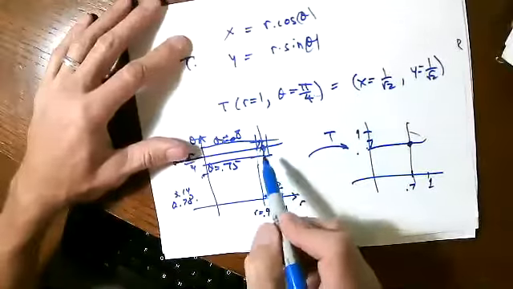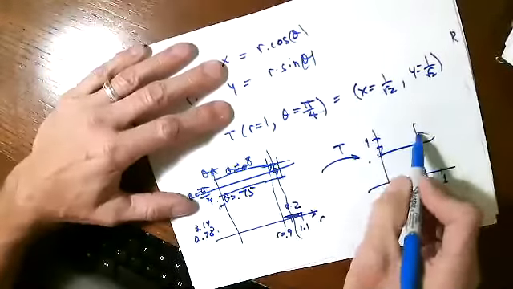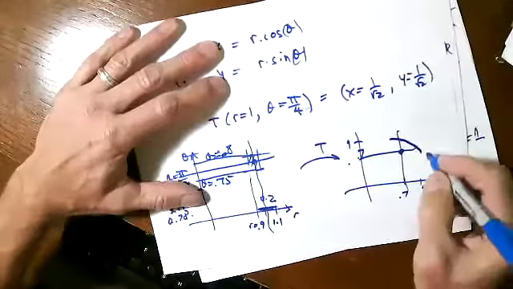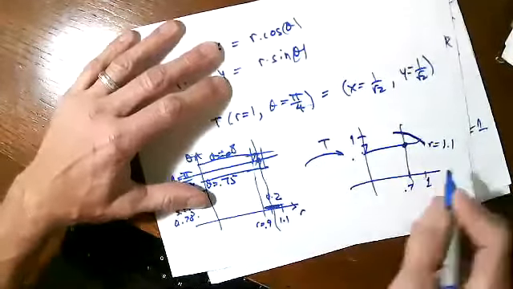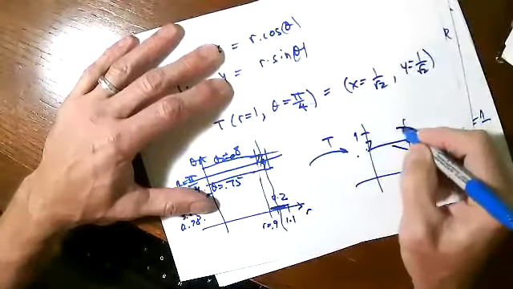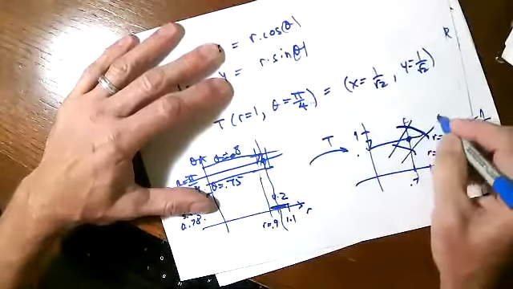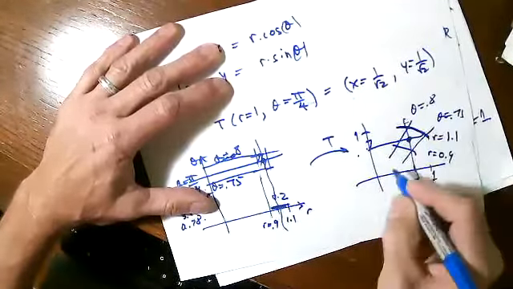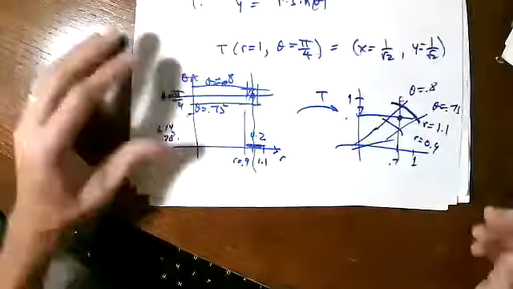You know, it's not a rectangle. In fact, it doesn't have straight sides. Two of the sides are not even straight. They're portions of a circle. Here's the circle of radius 1.1. Here's the circle of radius 0.9. And then you have those lines where theta is equal to 0.75 and theta is equal to 0.8. Those are two lines that come out of the origin.